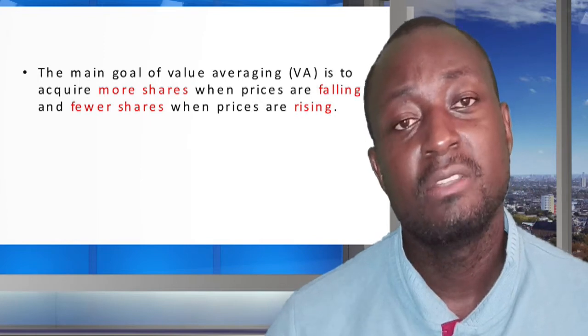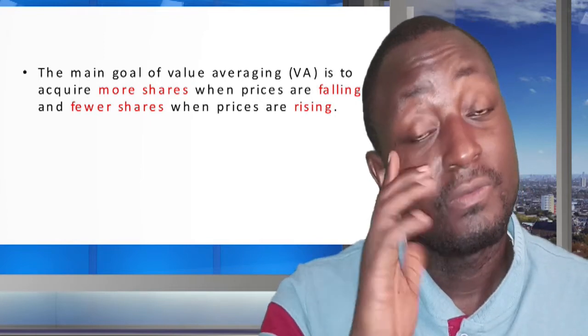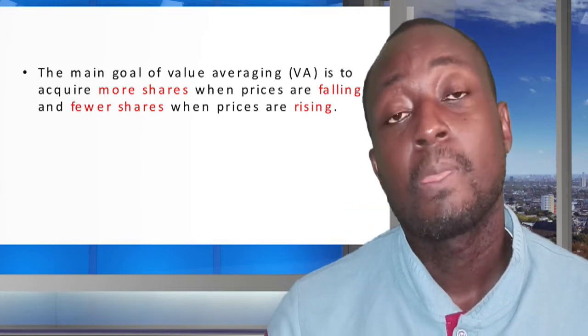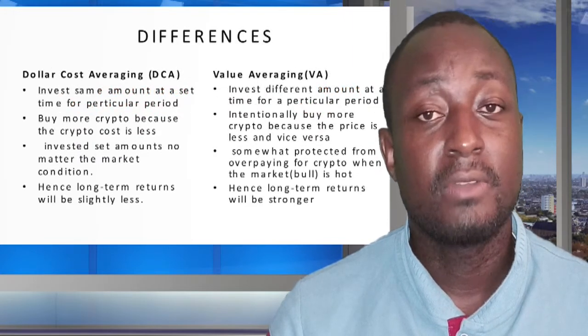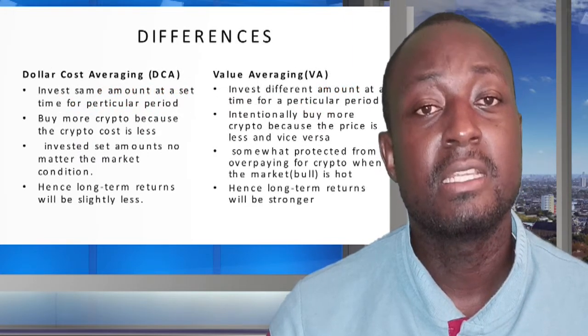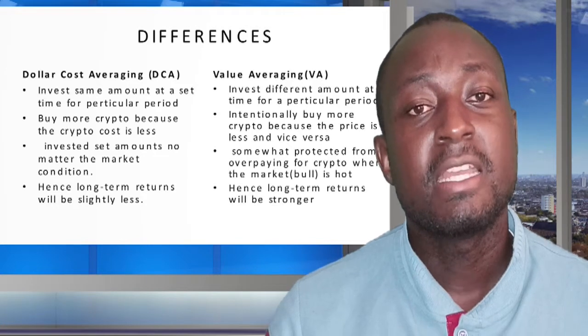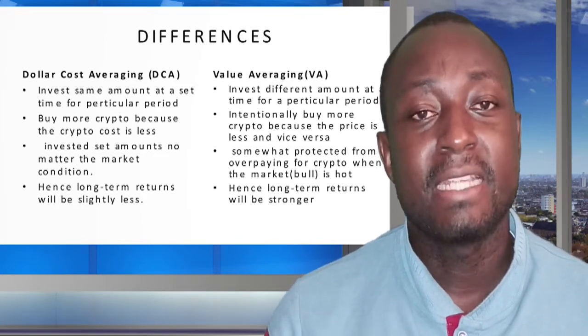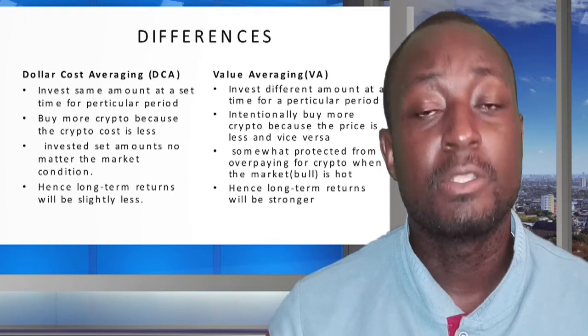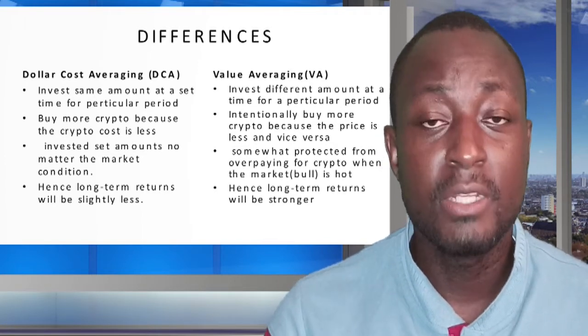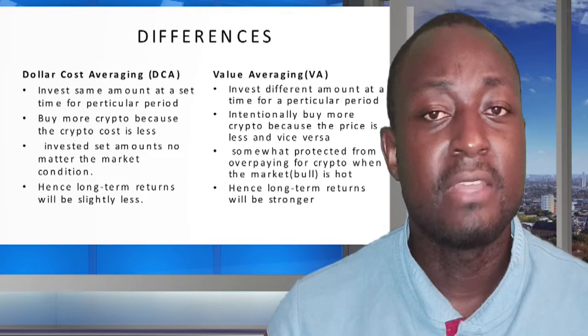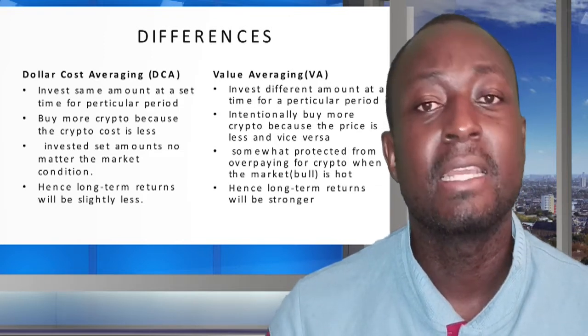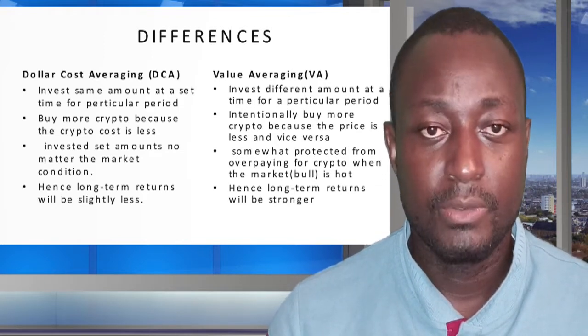When differentiating between dollar cost averaging and value averaging, in dollar cost averaging the investor invests the same amount at a set time for a particular period, while in value averaging the investor invests a different amount each time for a particular period.